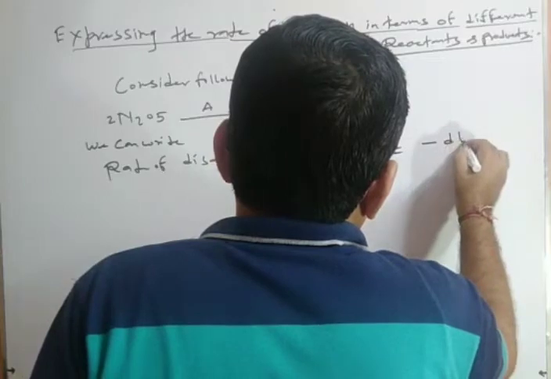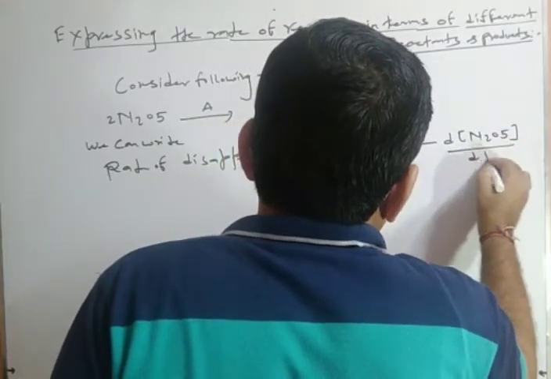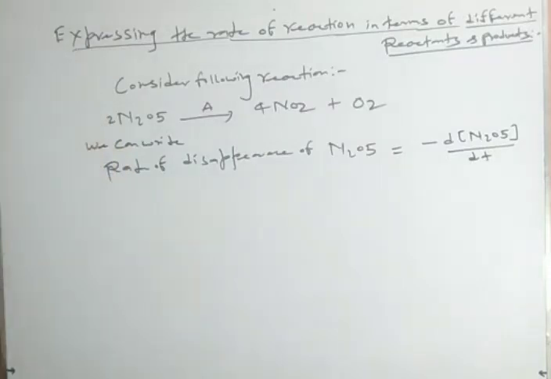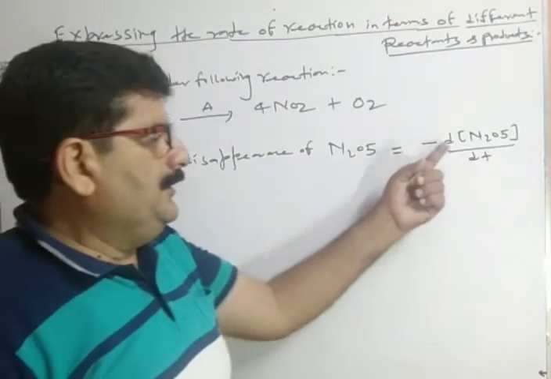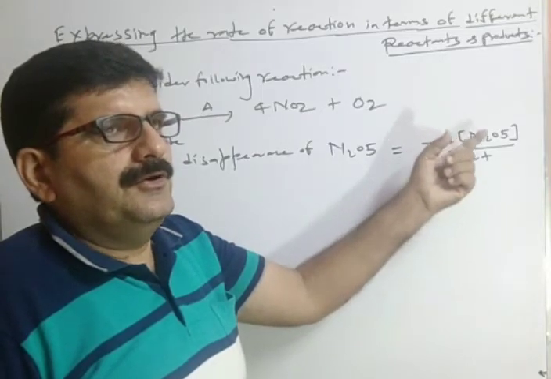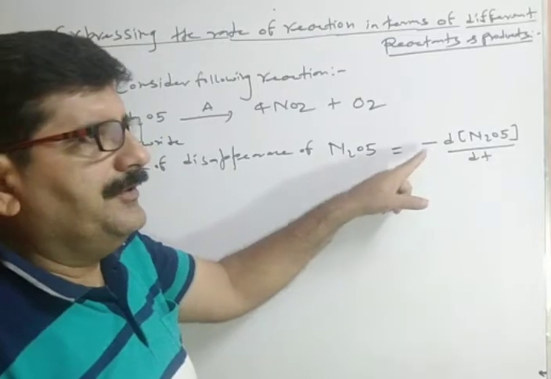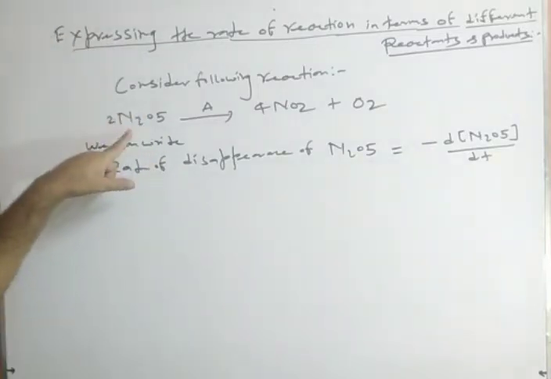Minus d N2O5 divided by dt. d by dt is said to be what? In terms of instantaneous rate. Negative sign indicates what? This chemical is disappearing.